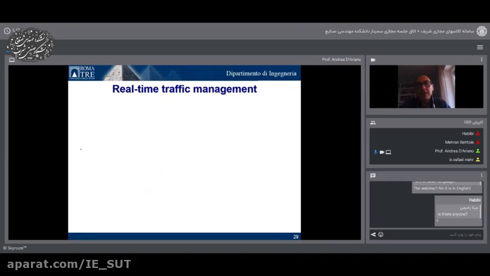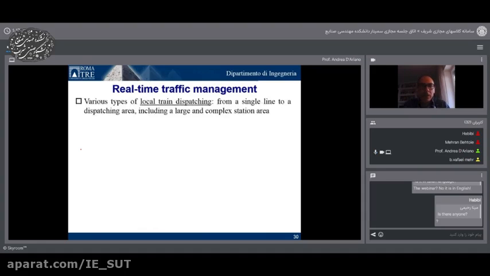First I will discuss the real-time traffic management, because this has been the first and most successful application so far of the alternative graph methodology. The first problem that I want to discuss with you is local train dispatching. Usually, a dispatcher is a human that has a quite limited region to control traffic flows.